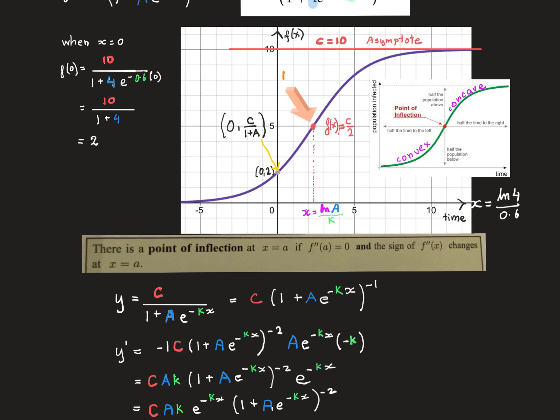So our point of inflection, POI, is ln A over k, C over 2. These are the coordinates of the point of inflection.